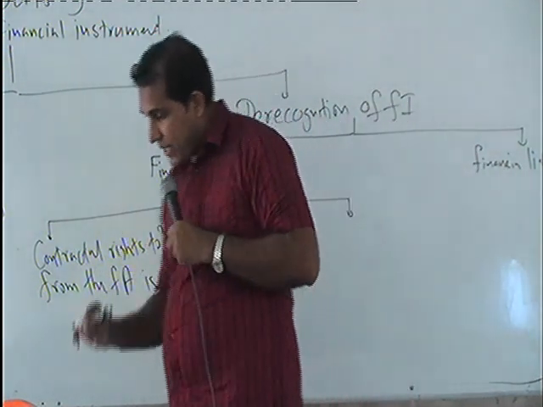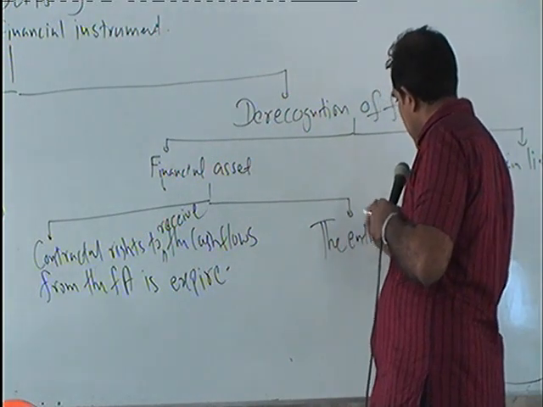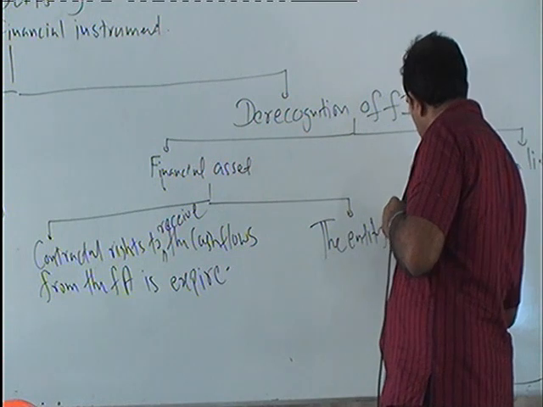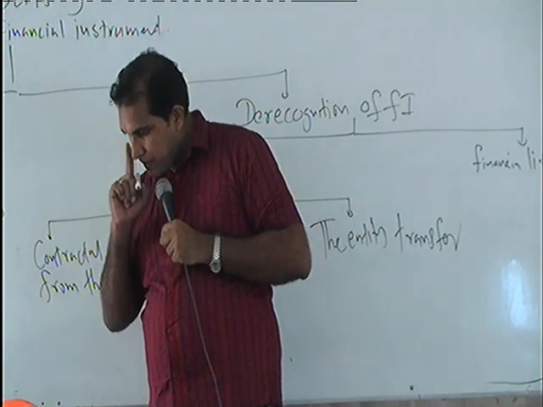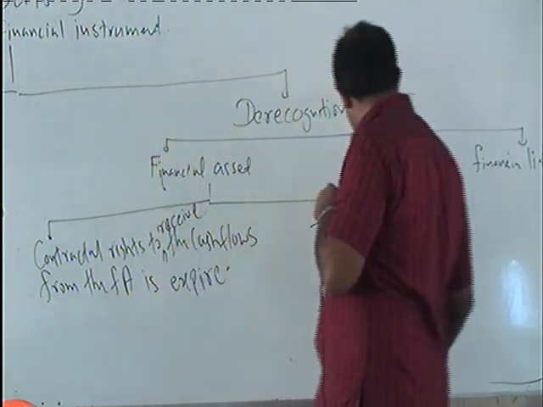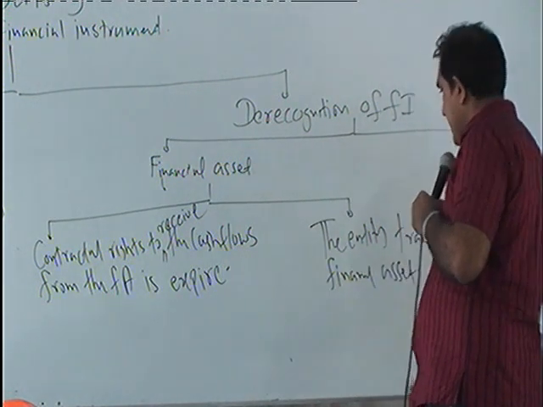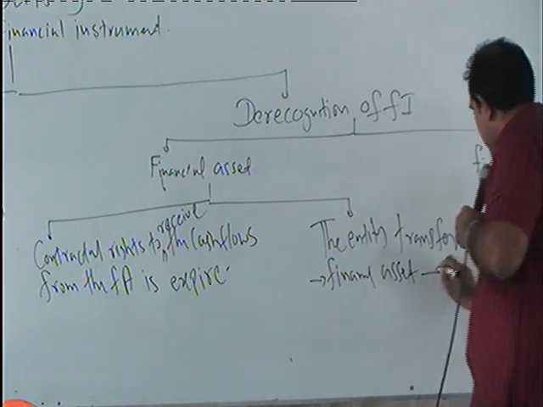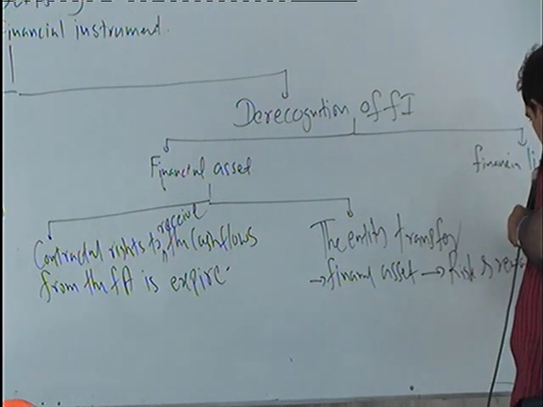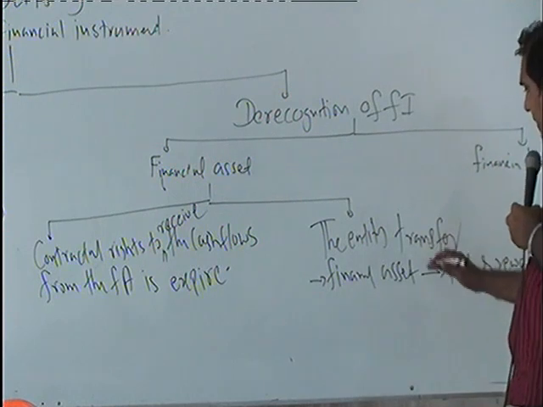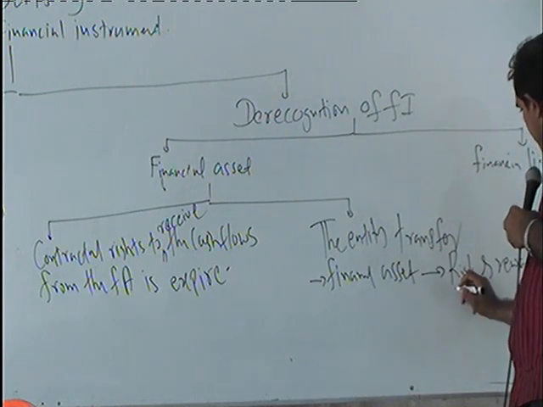Second one, the entity transfers the financial asset. In that case, we need to check whether risk and rewards of the financial asset are transferred.